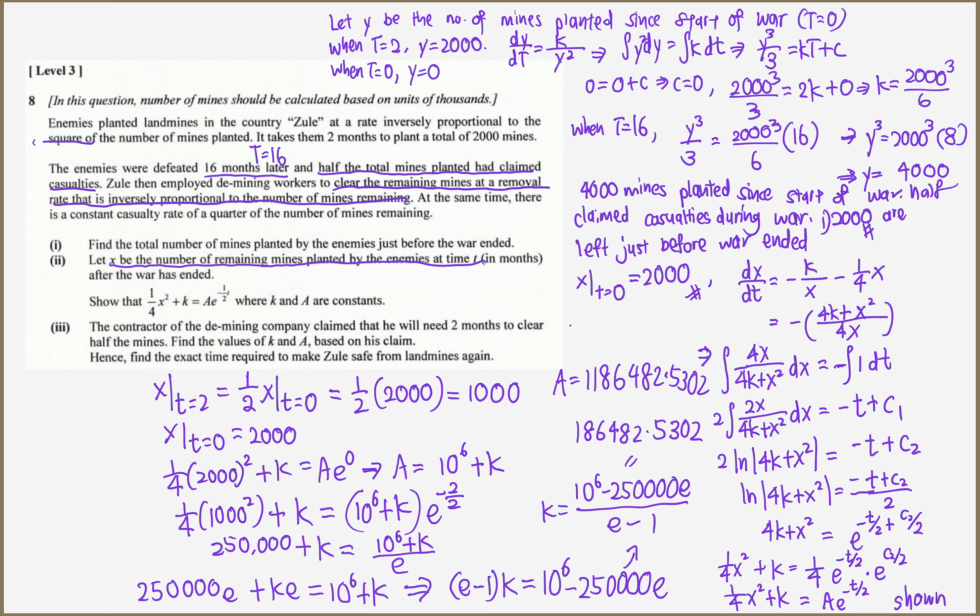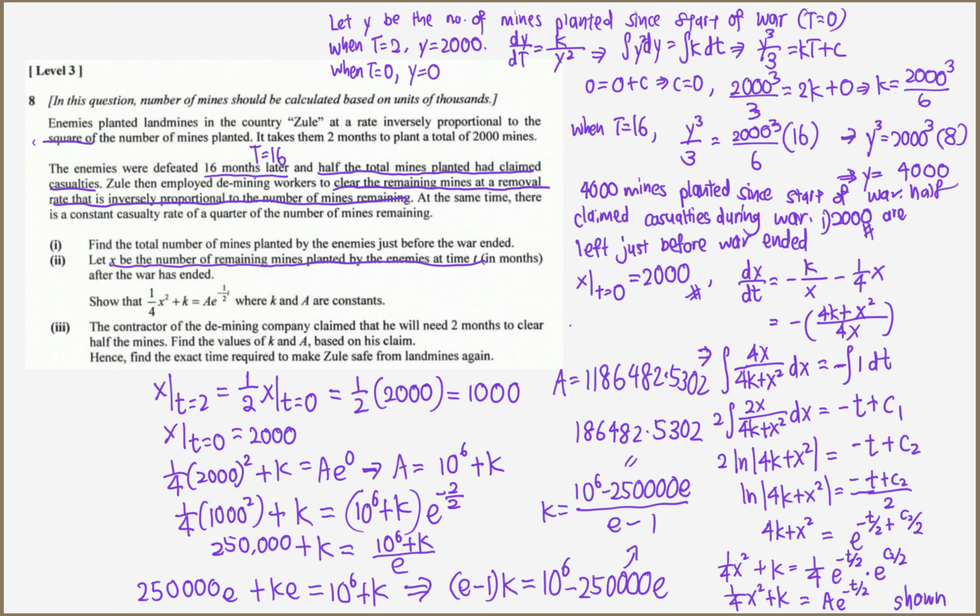So 1/4 times 2000 squared plus k equals a e to the power of minus 0 over 2, which is e to the power of 0, which is 1. So a equals 2000 squared, which is 4 million, or 4 times 10 to the power of 6, divided by 4, which is 10 to the power of 6, plus k. So I have a equals 10 to the power of 6 plus k.